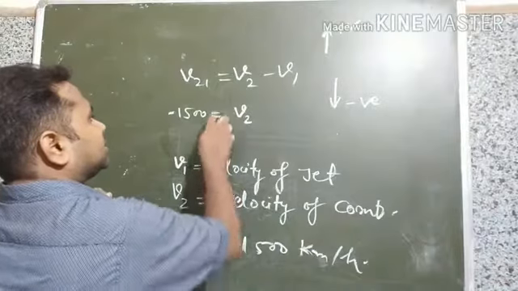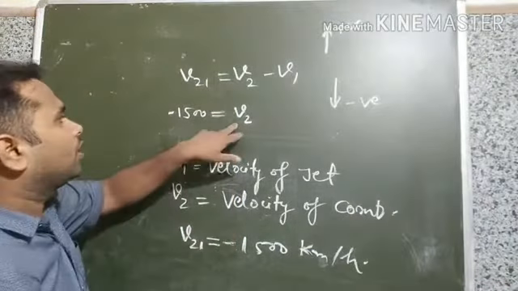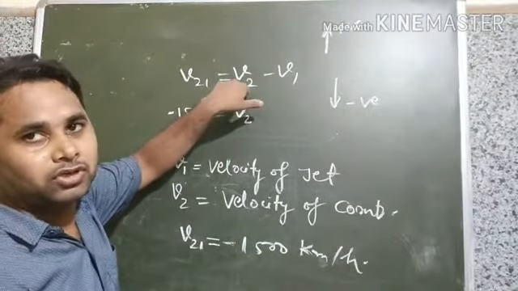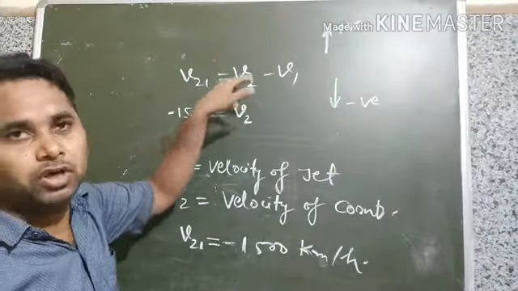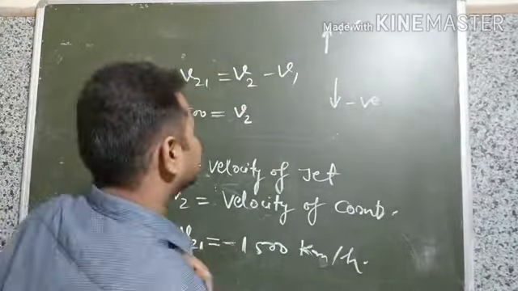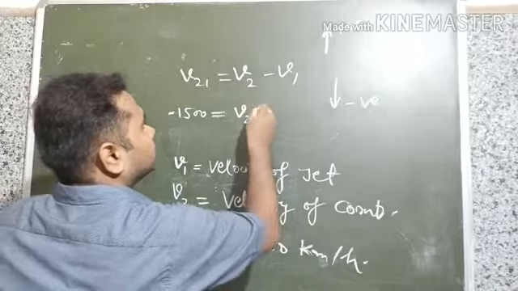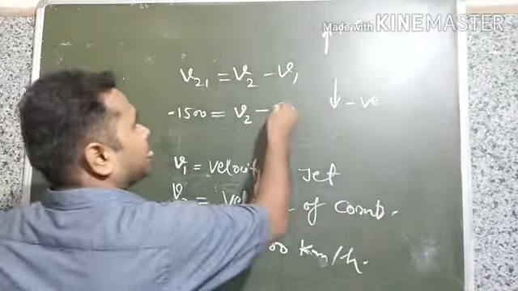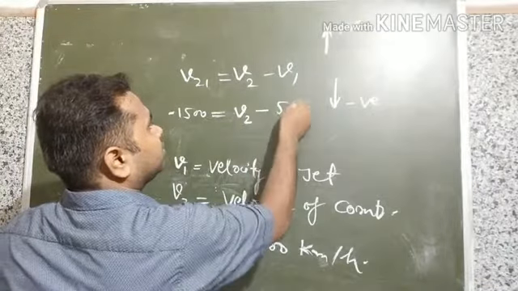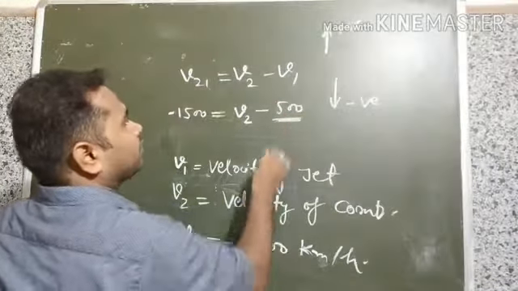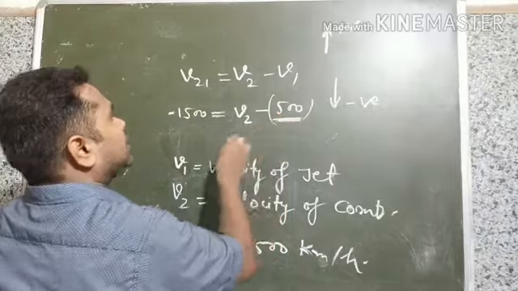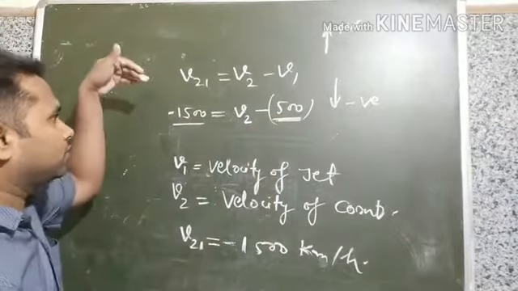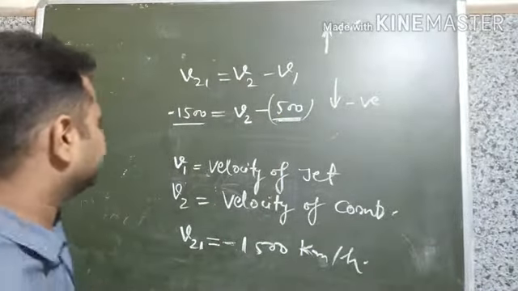V2 is the velocity of the product of combustion with respect to the observer on the earth's surface. And V1 is the velocity of the jet plane. It is 500, taken as positive, and this is negative because the velocity of the product of combustion is downward.